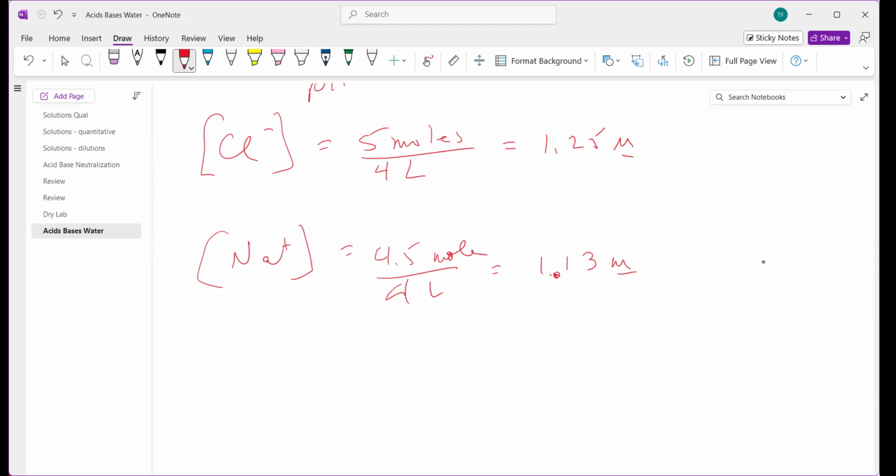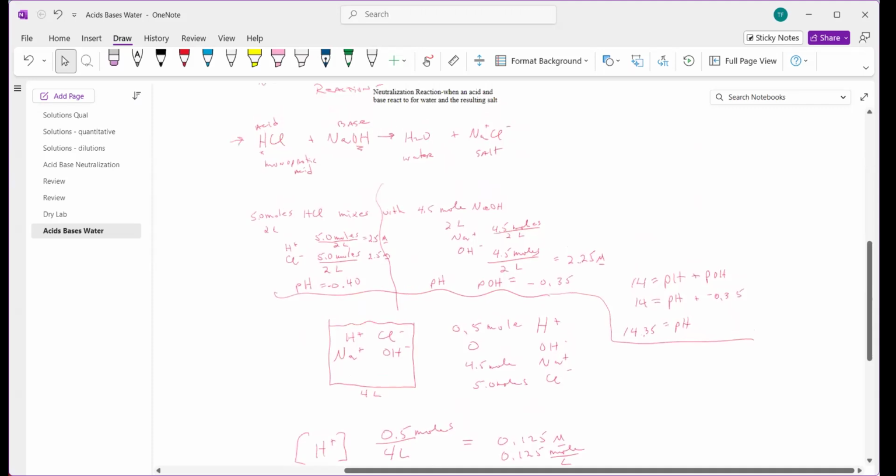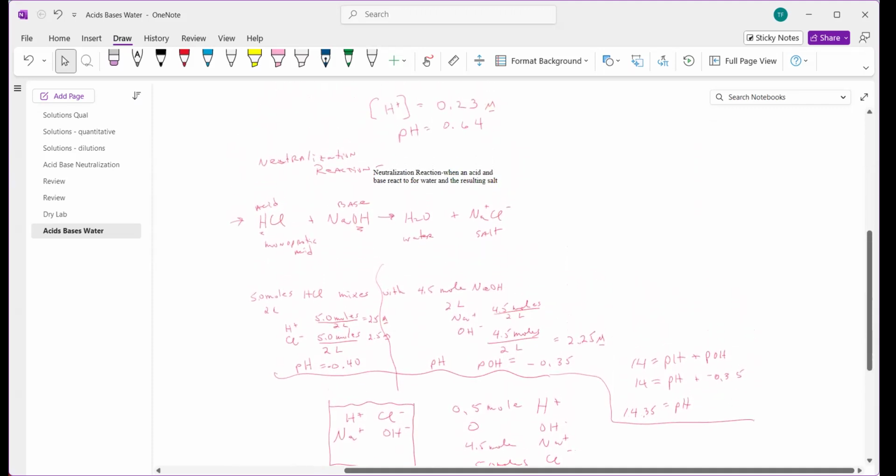This is an abbreviated way of writing moles over liters: uppercase M. Also square brackets are another shortcut way of saying moles per liter. See the square brackets over here? You'll see that a lot also. Okay, so that's kind of an involved problem. It only took up probably a page and a half of your notes.